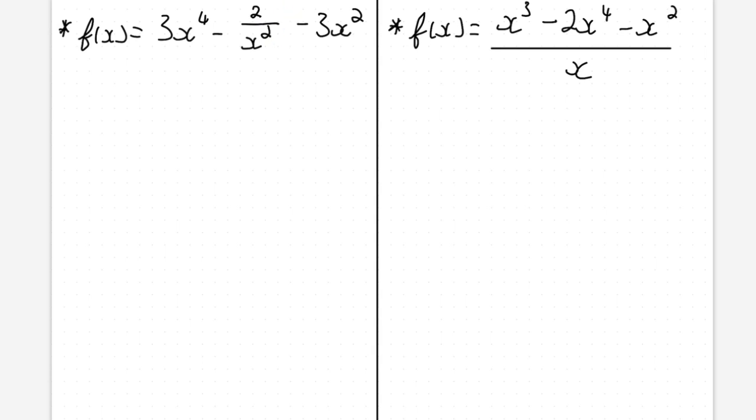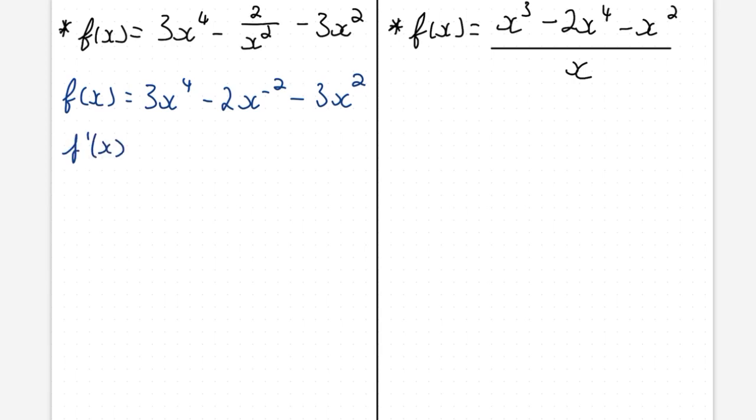Remember, we can move variables up or down the division line as long as we change the sign of their exponents. So I'm going to actually rewrite f of x before deriving. So before getting to the f prime of x, I'll rewrite f of x as 3x to the 4 minus 2x to the minus 2 minus 3x squared. Okay? And then I'll start deriving.